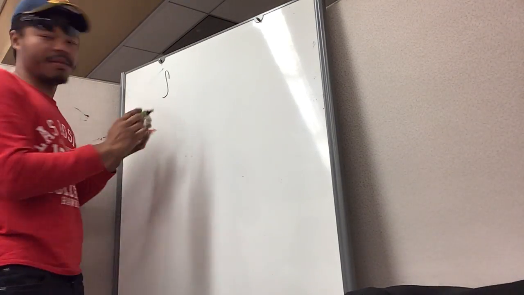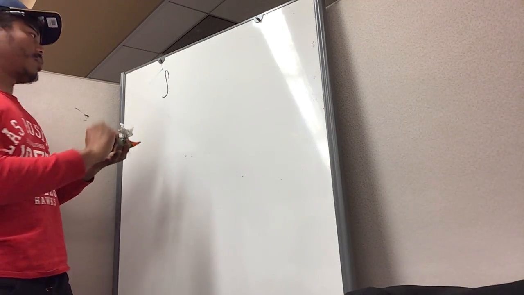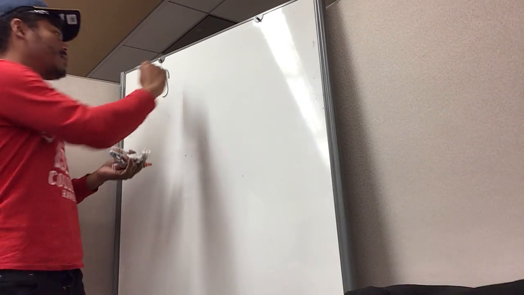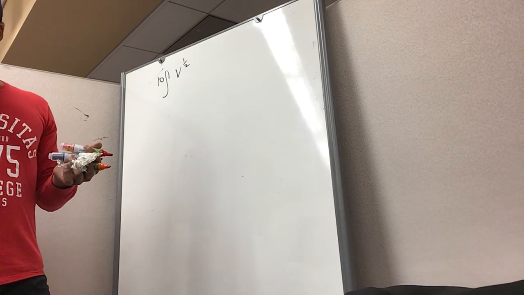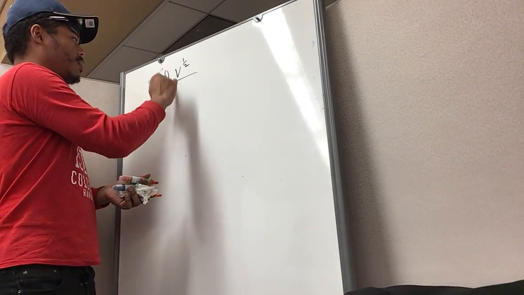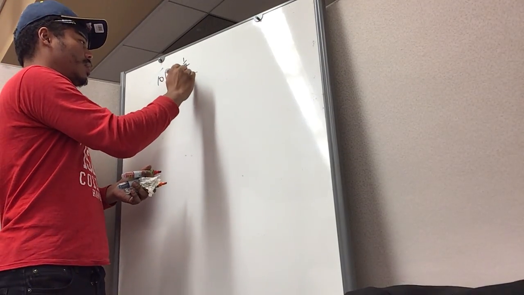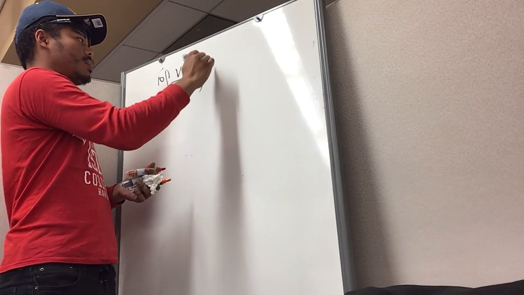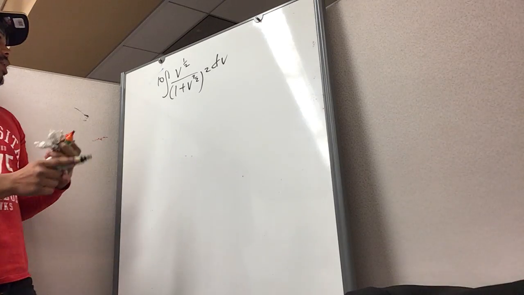Alright, so we have 10. I'm going to pull that out. Times v to the 1 over 2 divided by, where did it go? 1 plus v to the 3 over 2 all squared. I'm assuming dv. Yes, dv.